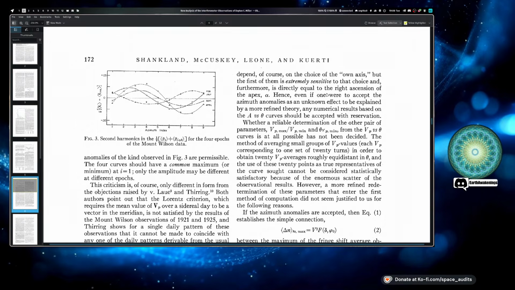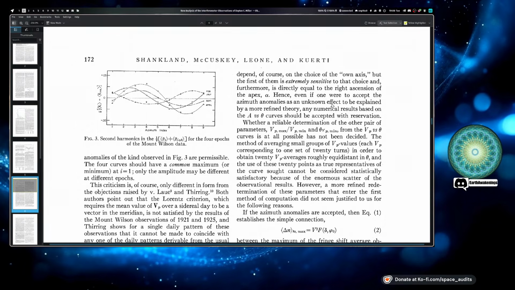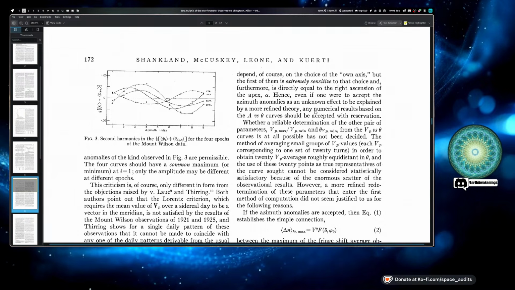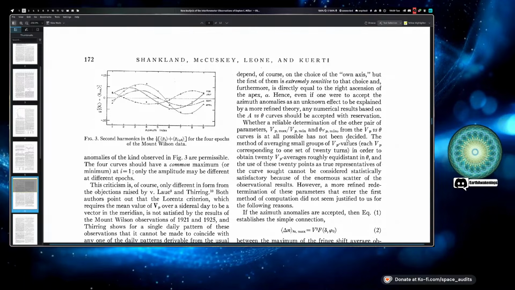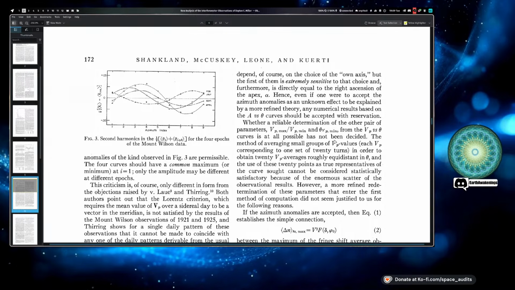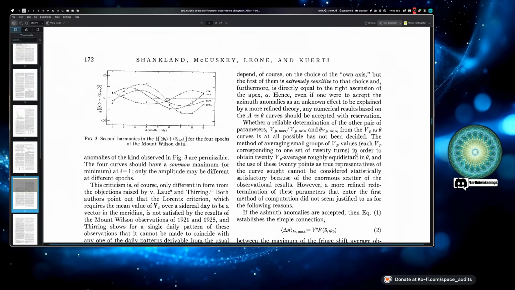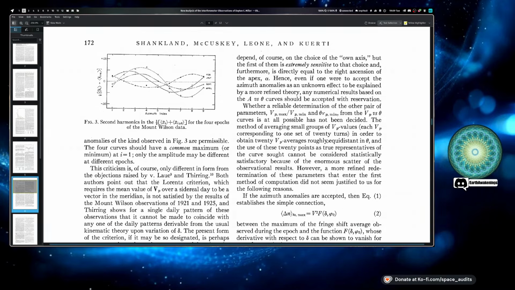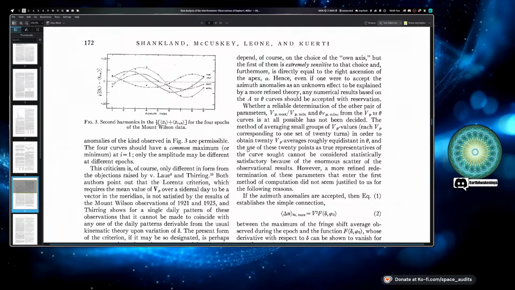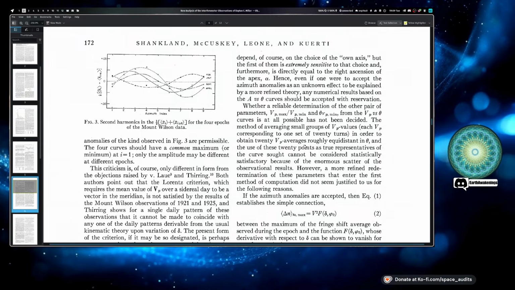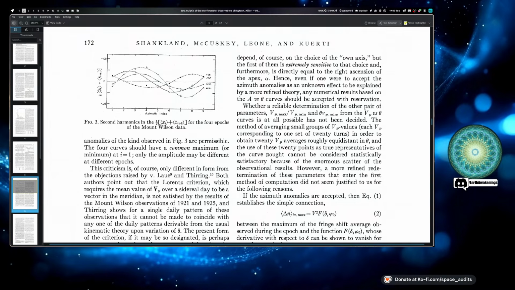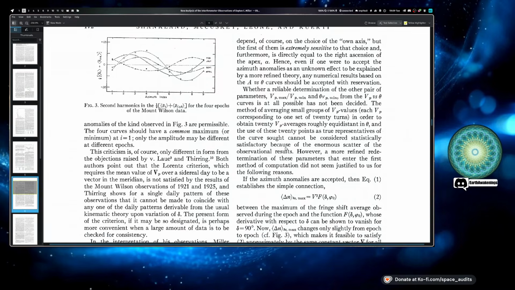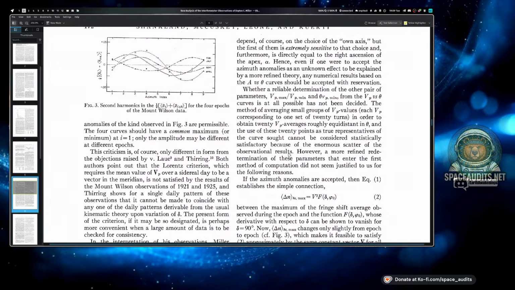Hence, even if one were to accept the azimuth anomalies as an unknown effect to be explained by a more refined theory, any numerical results based on the method of averaging the groups of v sub p values in order to obtain the 20 v sub p averages, roughly equidistant in theta, and use these 20 points as true representatives of the curves sought cannot be considered statistically satisfactory because of the enormous scattering of the observational results.